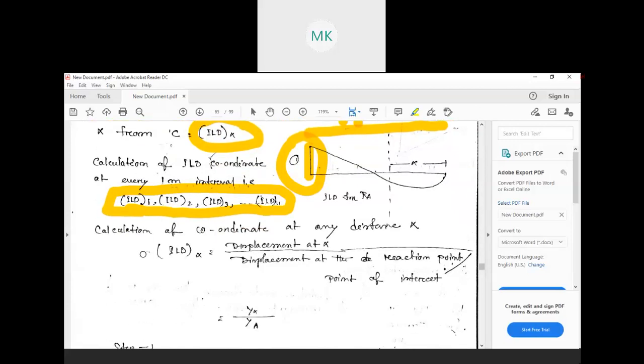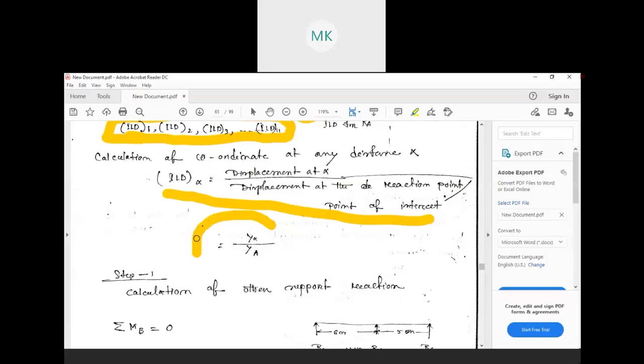For that, there is a formula for calculation of the coordinate at any distance x. You need to remember this formula: displacement at x by displacement at the reaction point, simply given by yx by ya.